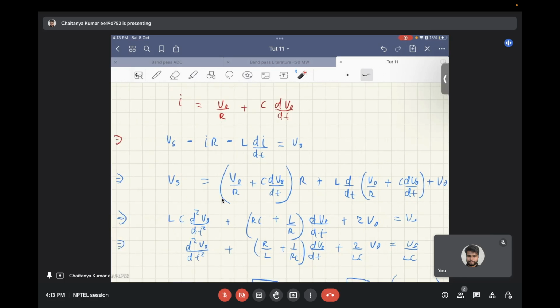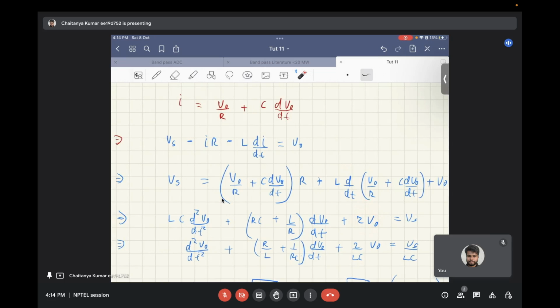Now if we simplify it, this term when multiplied with this term will become a double differentiation. So it's LC d square V naught by dt square, plus the single differential terms come from the following places. One is this one that gives the coefficient of RC, and the other is this one that gives the coefficient of L by R.